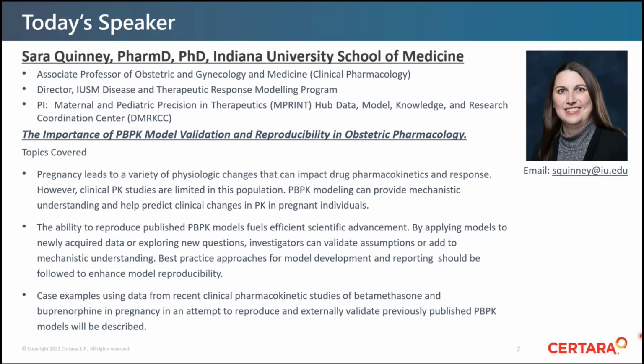And it's an important paper, not only because it covers special populations and pregnancy, obviously a population with high need for dosage recommendations, but also an important part of this paper is looking at model reproducibility.